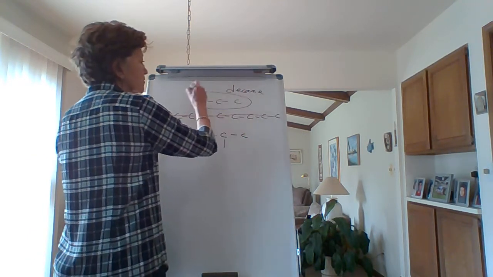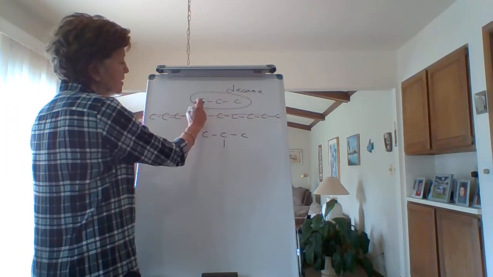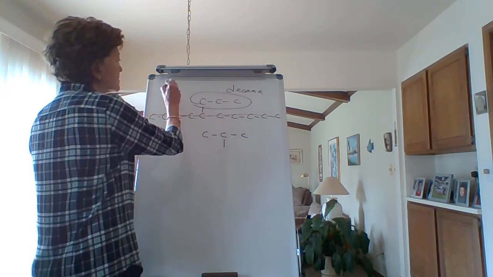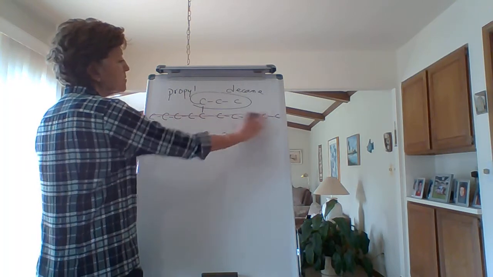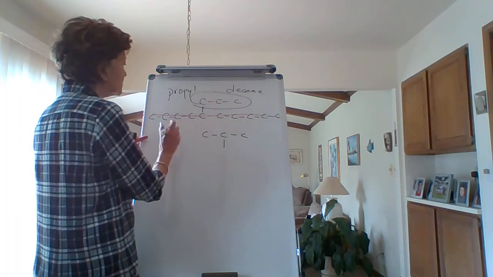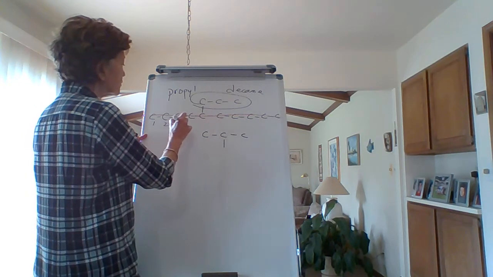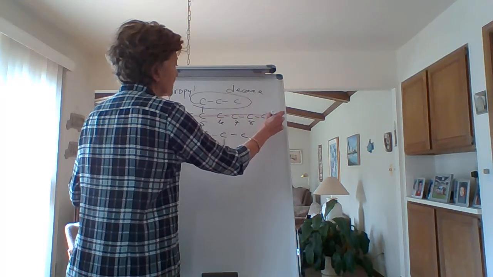Now you circle the substituent. This three carbon substituent that is connected from one of the end carbons is called a propyl. So the name of this compound would be, you got to number it. You number it this way, it's 1, 2, 3, 4, 5, 6, 7, 8, 9, 10.